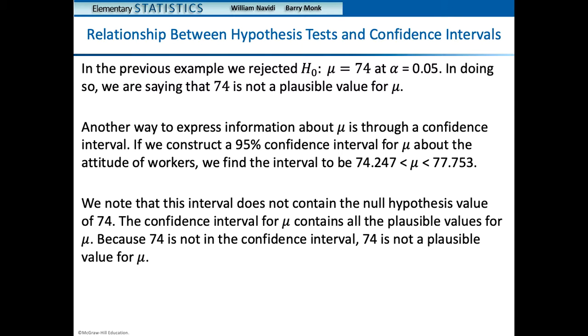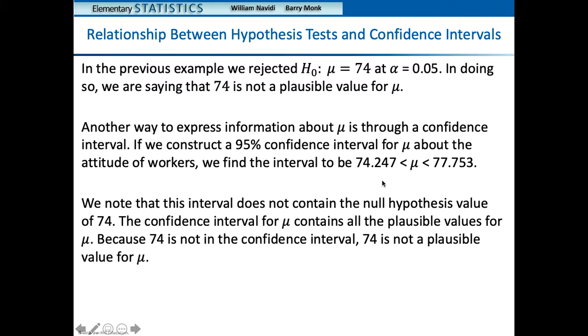Another way to express information about the population mean is through a confidence interval. If we construct a 95% confidence interval for mu about the attitude of workers using the methods that we went over in Chapter 8, we would find the interval to be this.